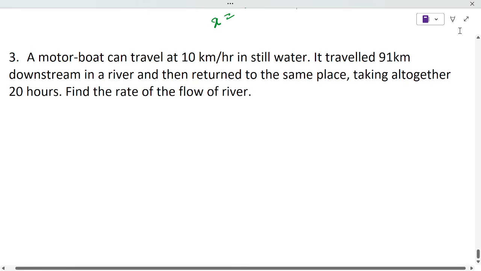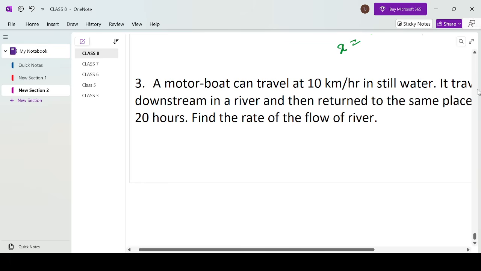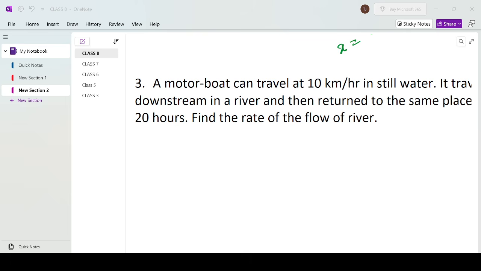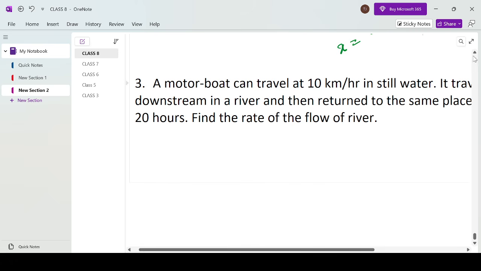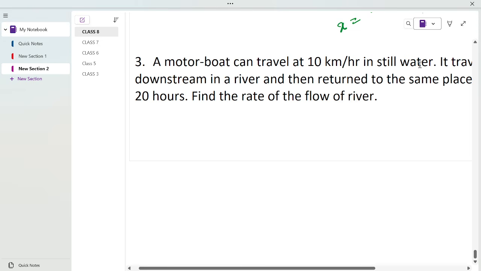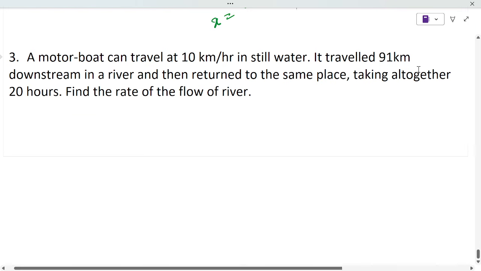Let's try this one. A motorboat can travel at 10 kilometer per hour in still water. So that's the speed.